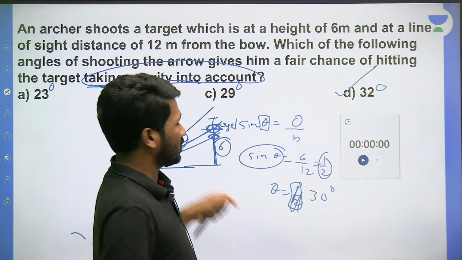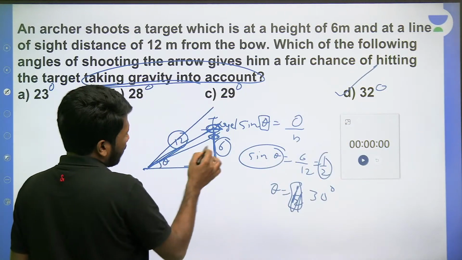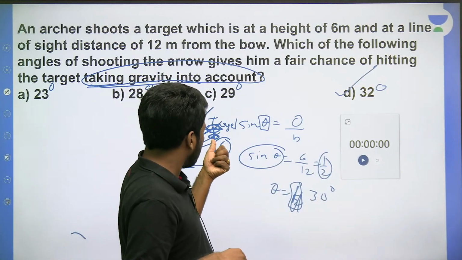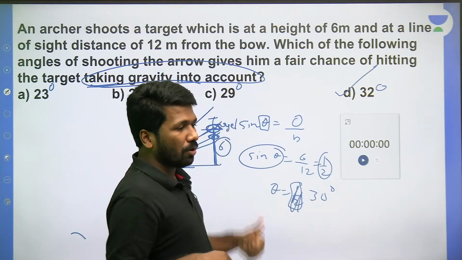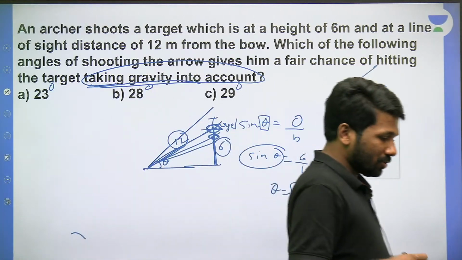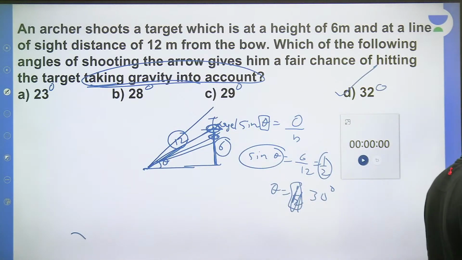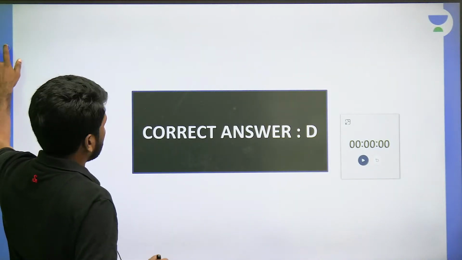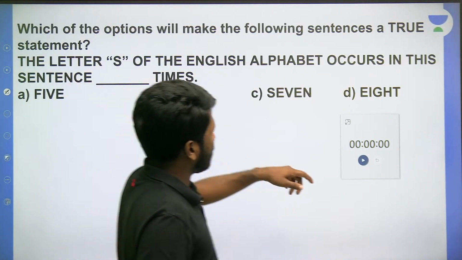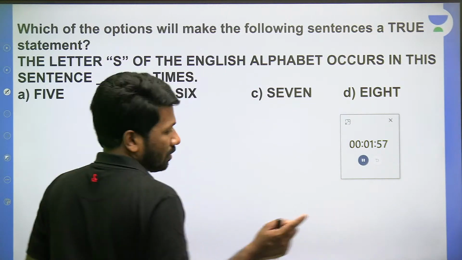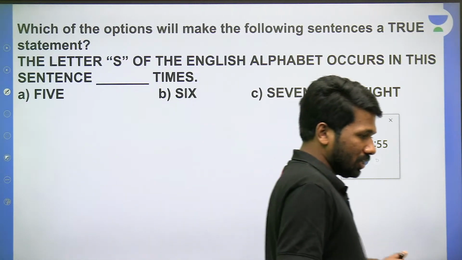All the other options are less than 30. If you target less than 30, it will hit even further below. We need to hit above, not below. So that is why the only option above 30, 32, is the answer. All clear? Very good question. A very good distance and direction problem. Then try this. This was asked in September 2022. A very similar question was asked, and we have discussed that in a previous lecture series.